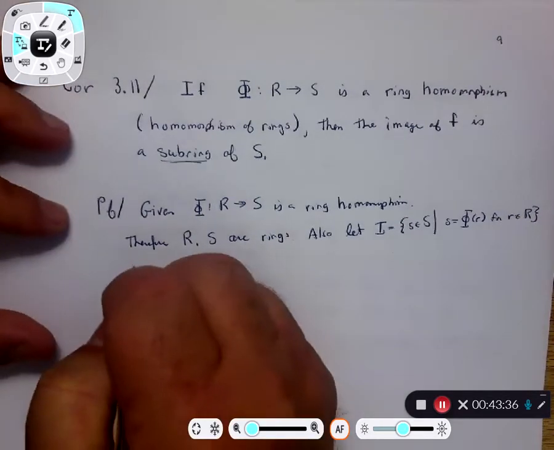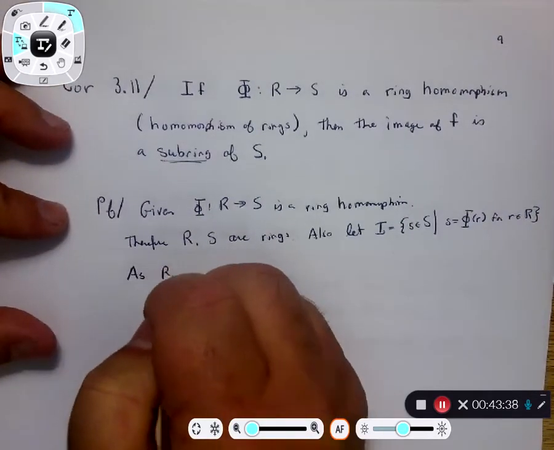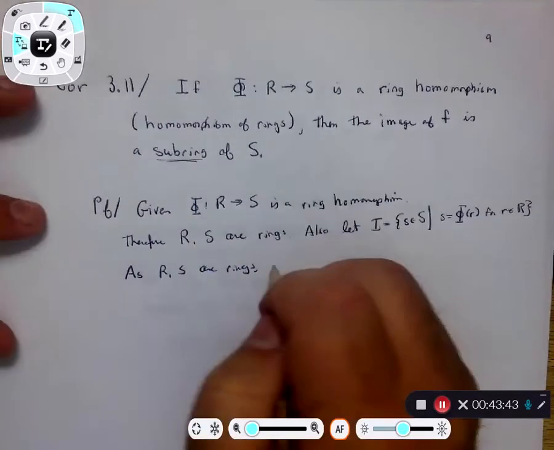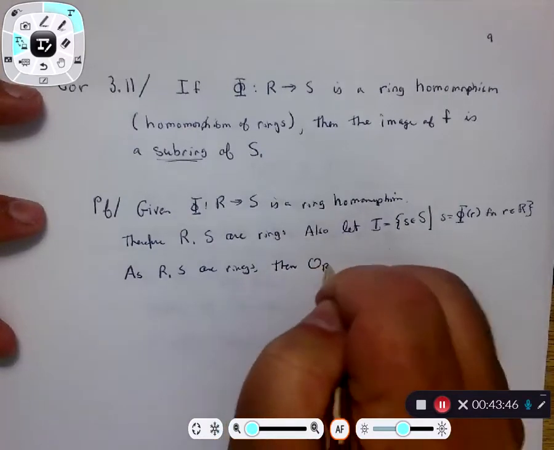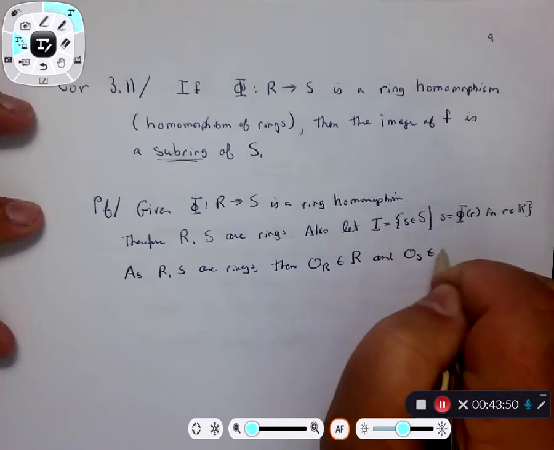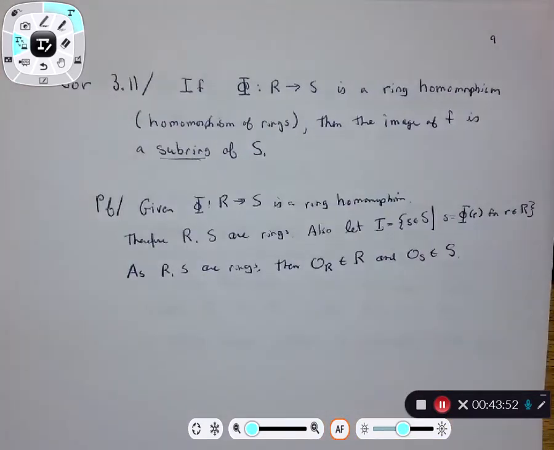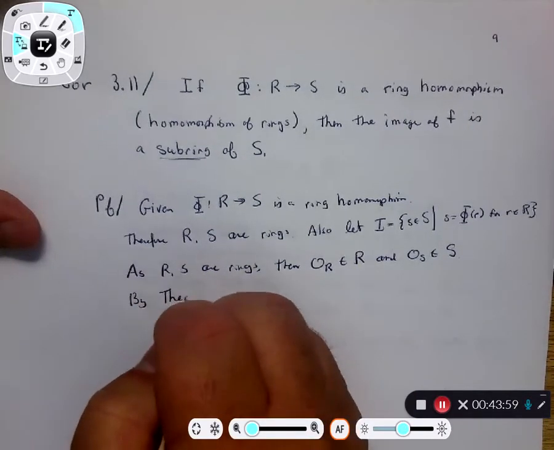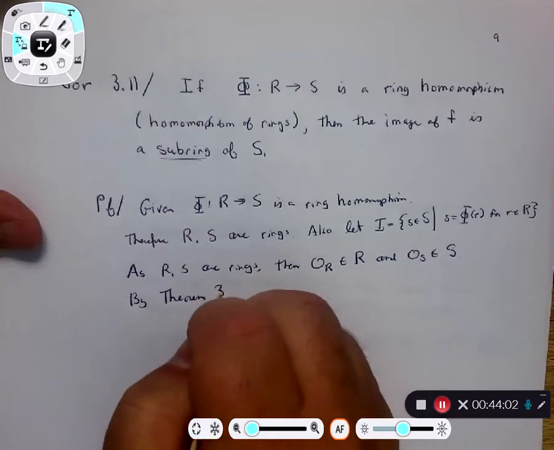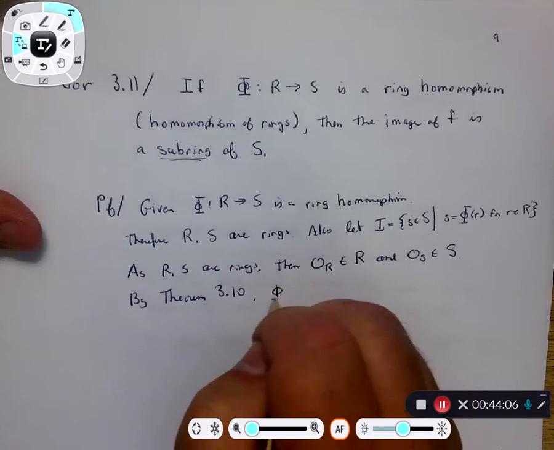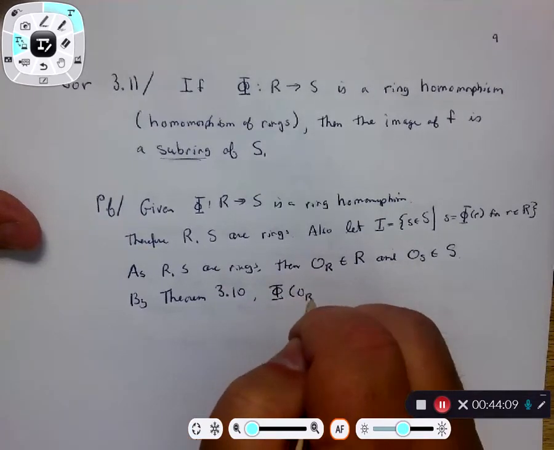Well, as R and S are rings, they have a particular element. Then 0R is an element of R, and 0S is an element of S, because they're rings, they have the 0 element. By that famous theorem that we just quoted, Theorem 3.10, which you'll quote a lot in this book, 0 is mapped to 0.